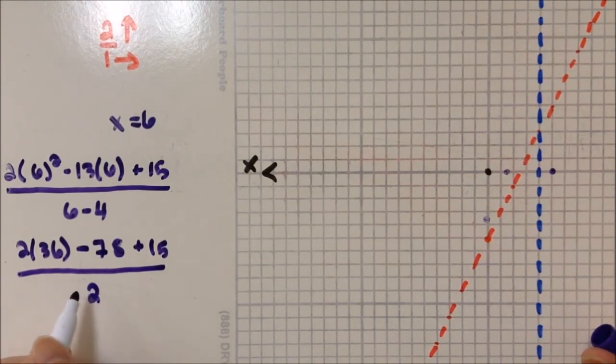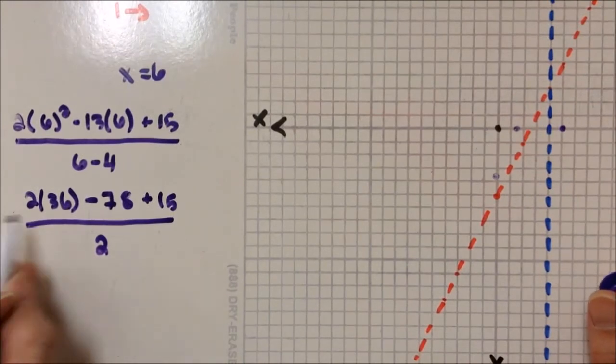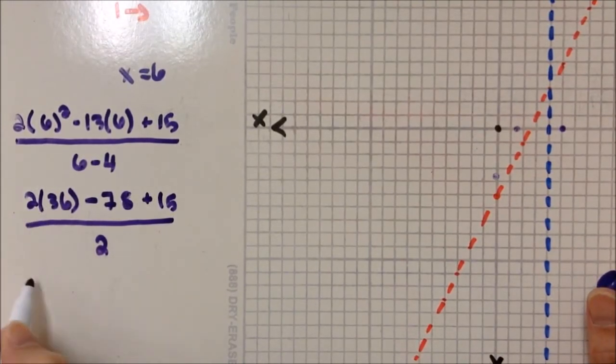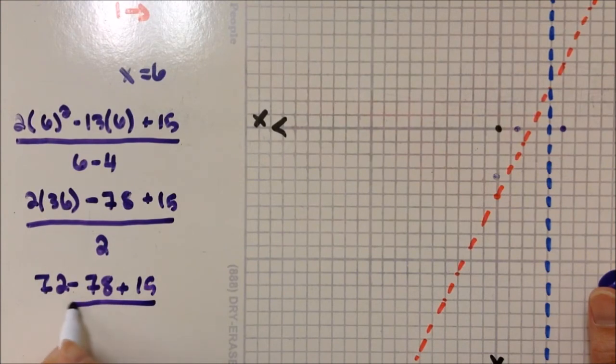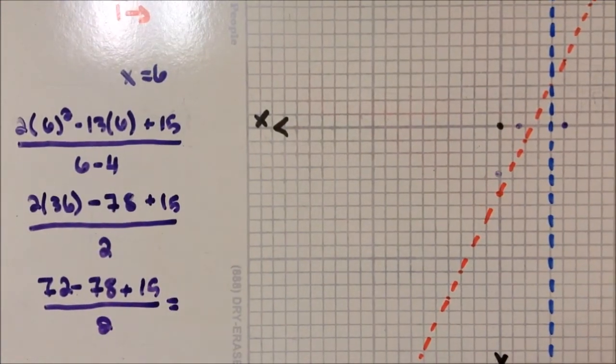So that's pretty good since our denominator is 2. So 2 times 36, that's 72, minus 78 plus 15 over 2. So 72 minus 78, that's negative 6.